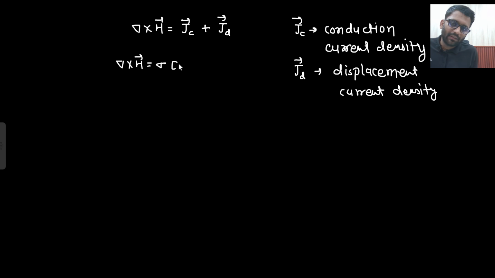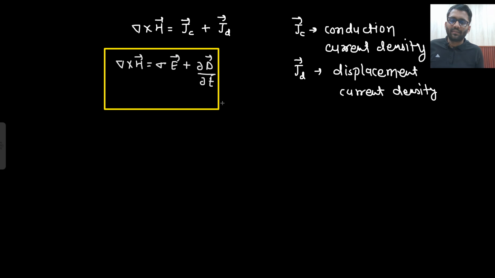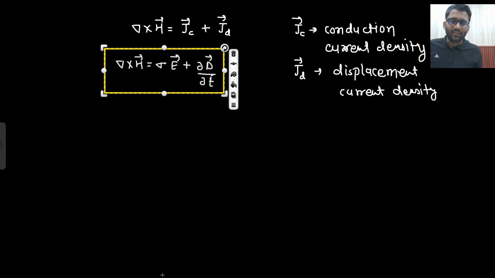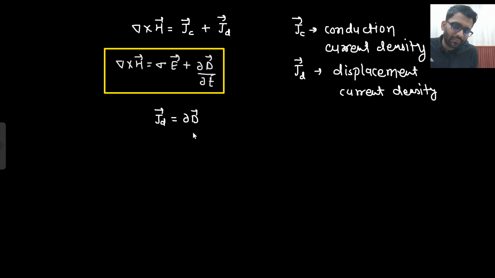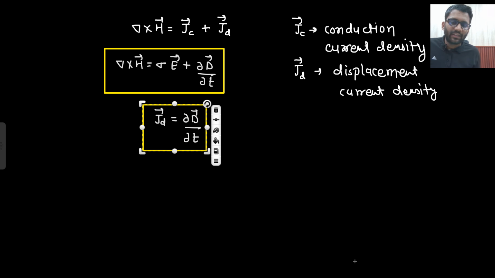JC is sigma E, and JD is del dou by del T. So let's analyze this JD again. What is your JD? It is dou D over del T. So what is it saying?